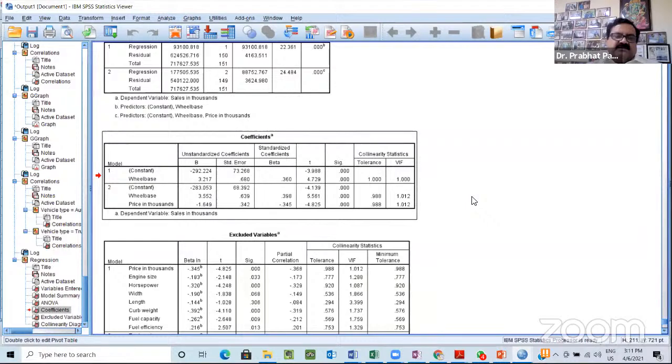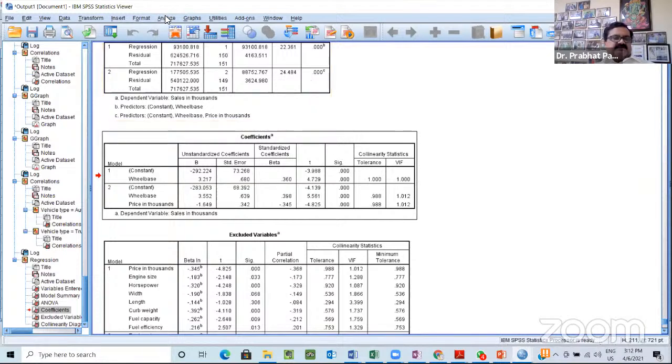So the nearer to 1, the better the case. And for VIF, the lower the VIF, the better the case. So it should not be more than 2, and tolerance should not be less than, let's say, 0.7 or maybe 0.5 or 0.2 or 0.3, something of this. So here, the collinearity diagnostic suggests that no multicollinearity exists.